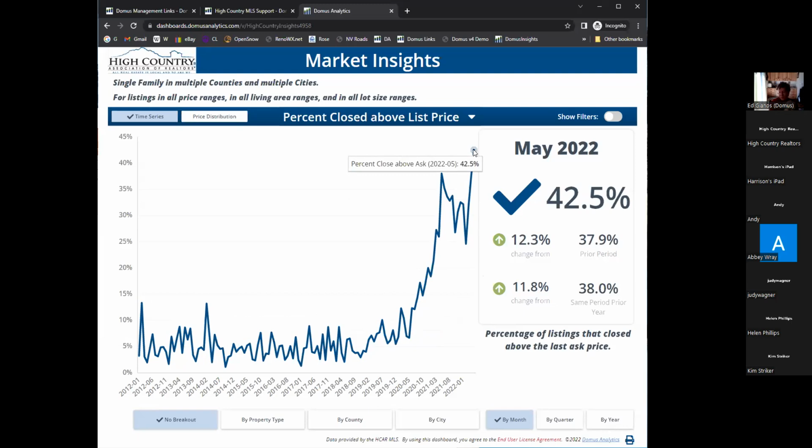And again, and I know this sounds silly, this is the lower end of what we're seeing across the country. We monitor a market in California. They had 75% of their closed listings had to offer above that last ask price in order to go to closing. So this shows you the relative increase in the behavior in your market. And obviously, when this metric pulls back, we know that sellers are starting to be a lot more cautious.